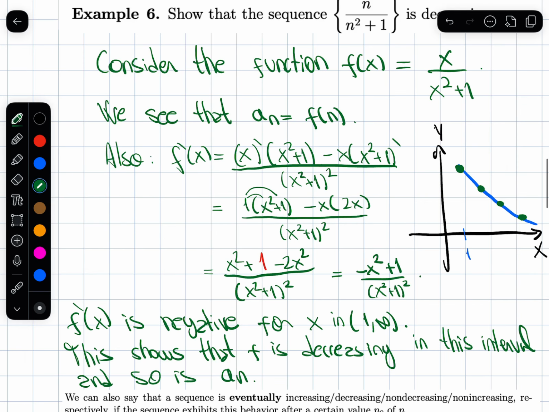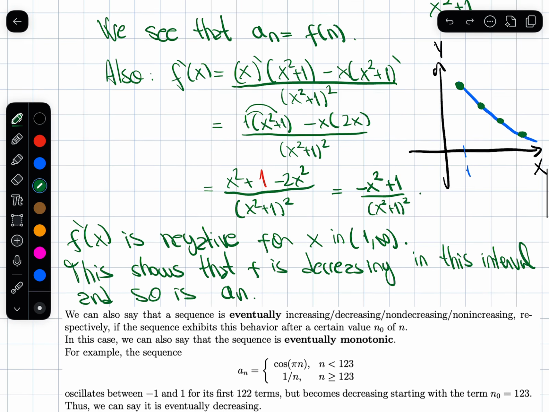Note as well that I had an open interval at 1. If I happened to not have this derivative negative starting at 1, maybe starting at 3 or something, let's say the function was not decreasing for a while, and then after 3 it became decreasing, then that's also okay. That's also a type of sequence that I know how to handle.